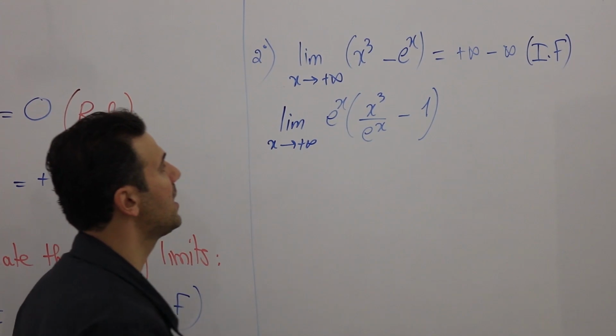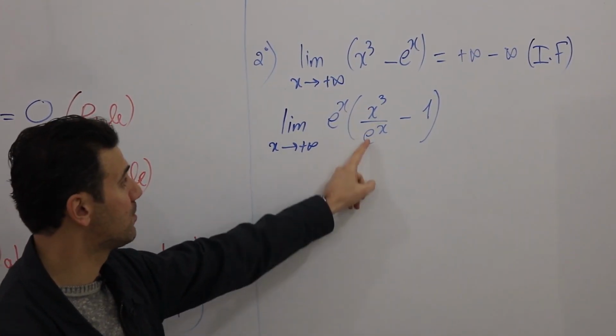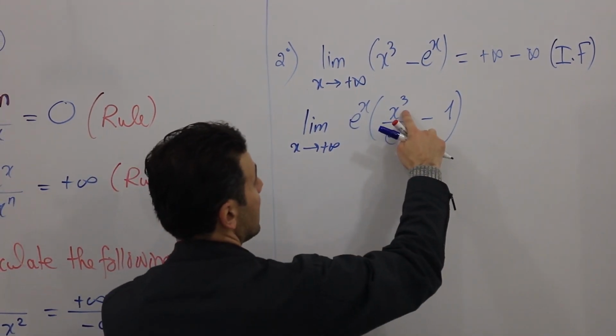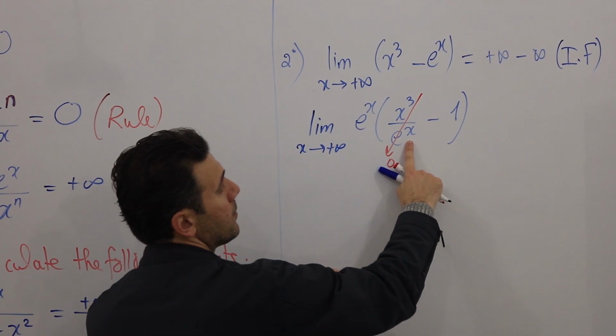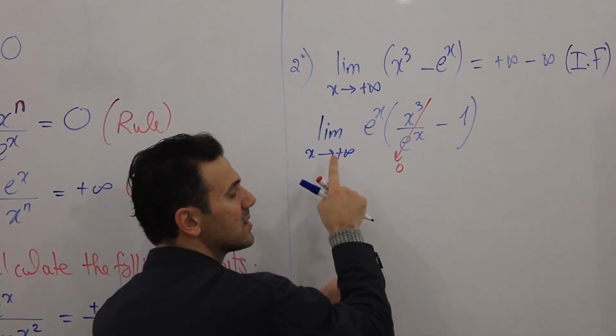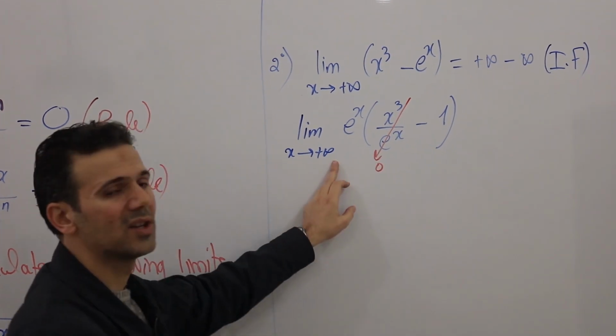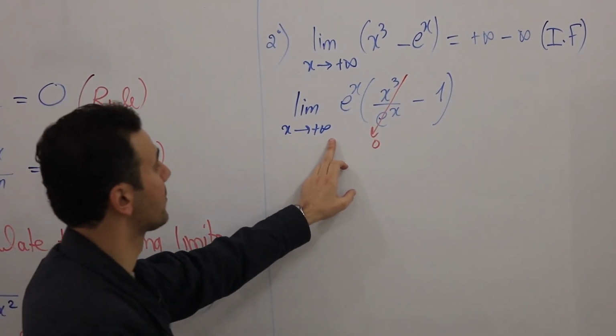Now, if you try to calculate the limit of this part as a rule, this goes to 0. As you see, e^x is faster than x at plus infinity. This idea we use just in case we have a limit at plus infinity.